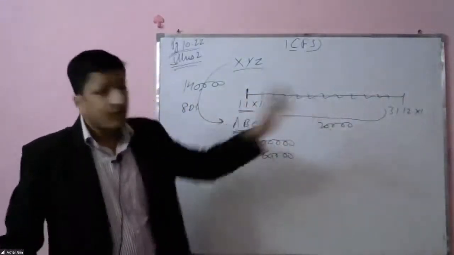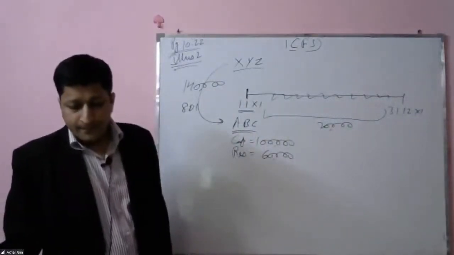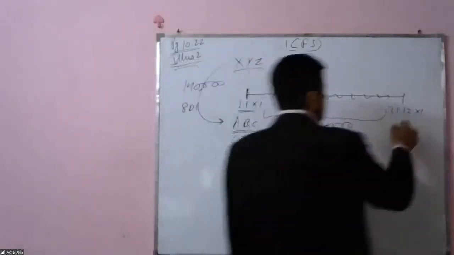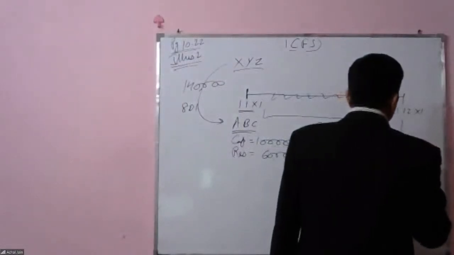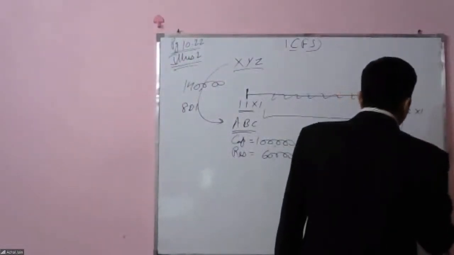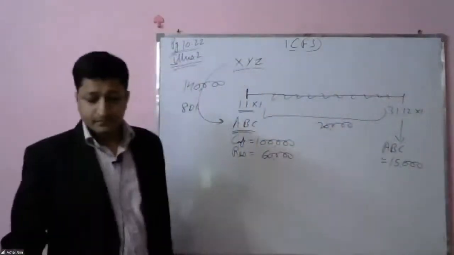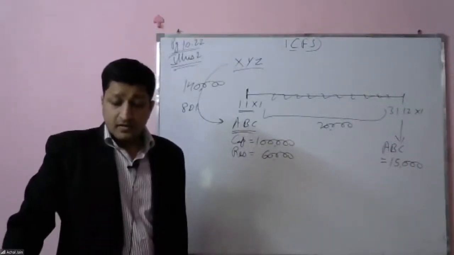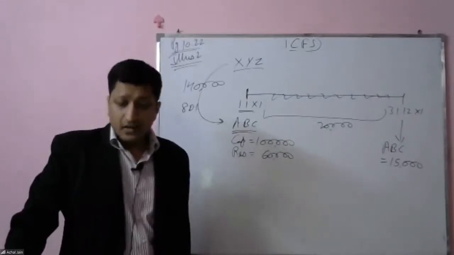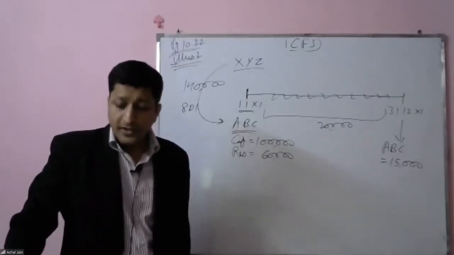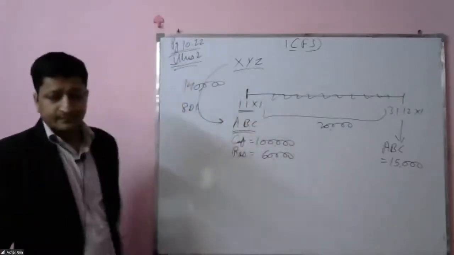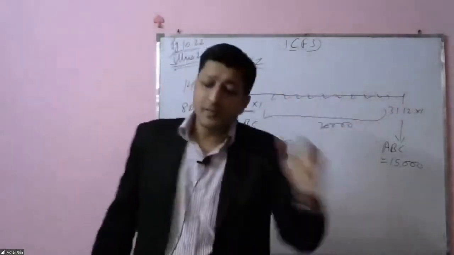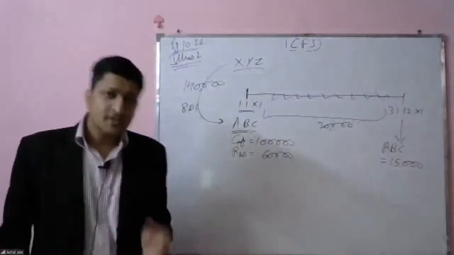Now, at the end of the year, ABC declared and also paid a dividend of 15,000. In this case, first of all, we should comment how this dividend amount will be recorded in the books of XYZ. Now, if ABC will pay dividend, to whom will this dividend be paid? This dividend will be paid to the shareholders.